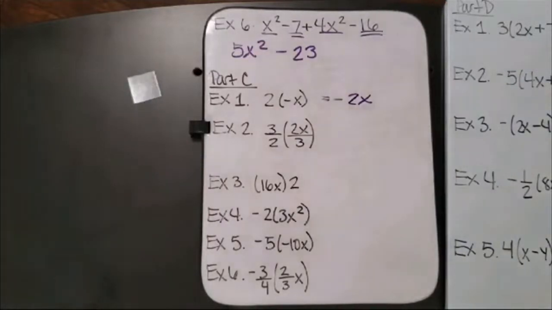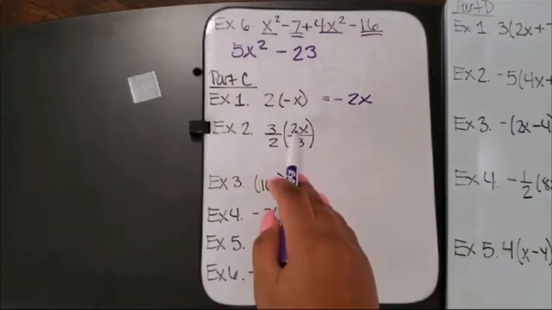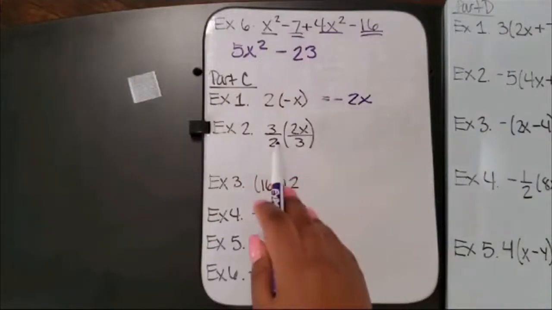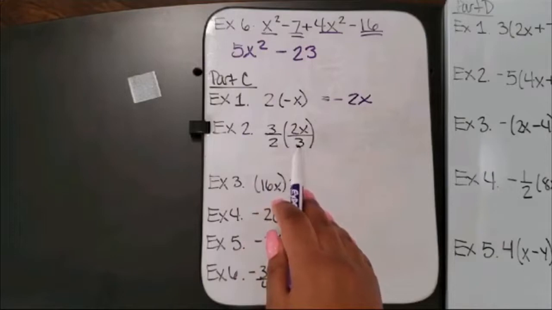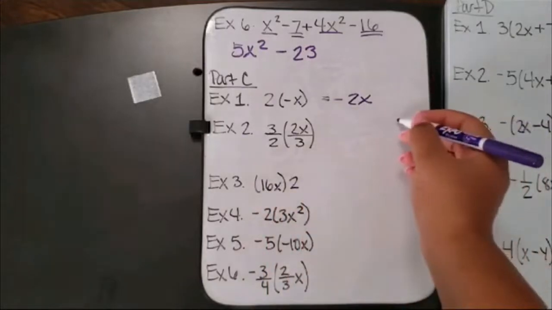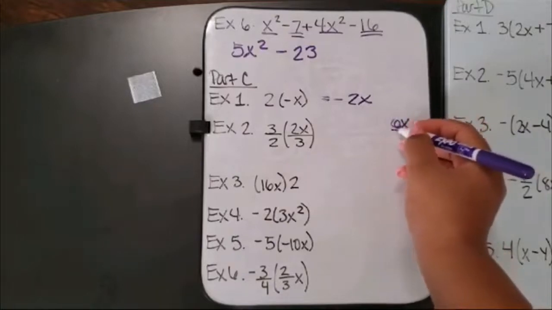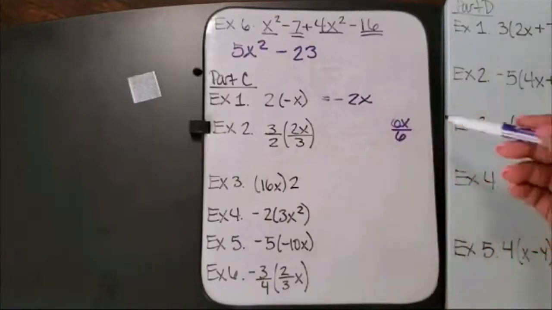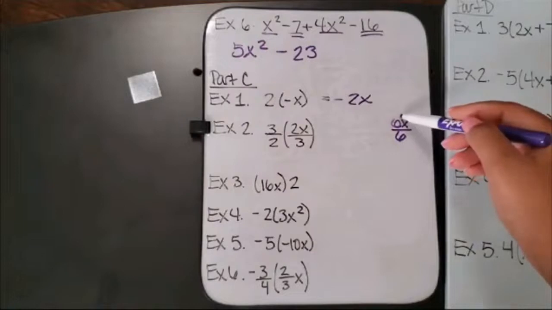So if we're looking at example 2, remember when we multiply fractions, we can just multiply straight across. 3 times 2 is 6x, and 2 times 3 is 6. So that's 6x over 6. 6 over 6 is 1.